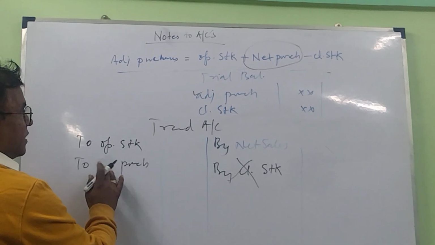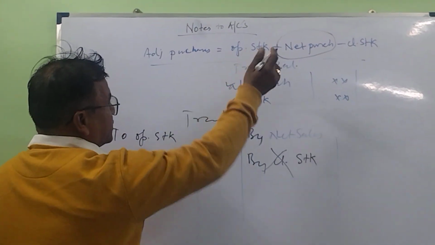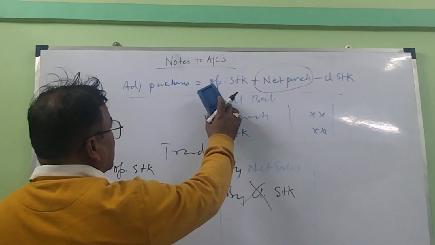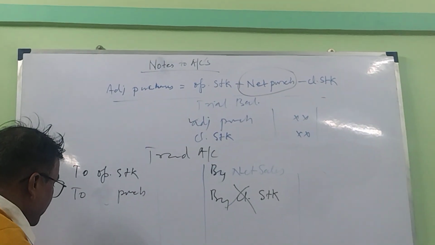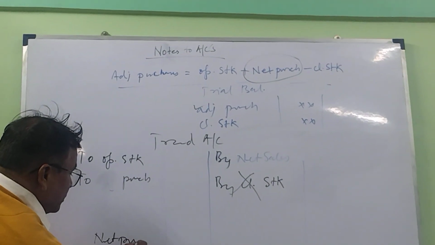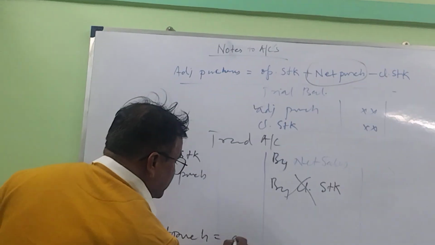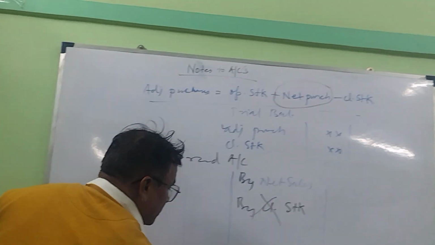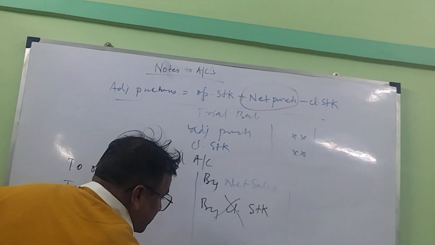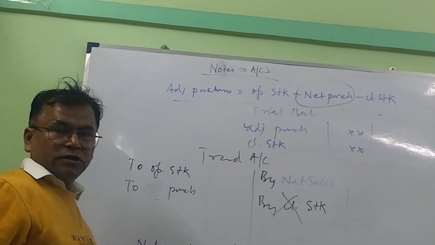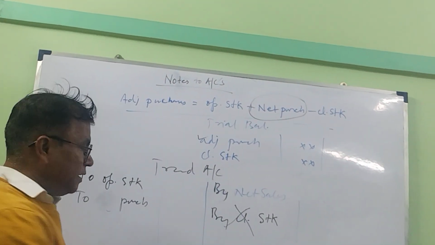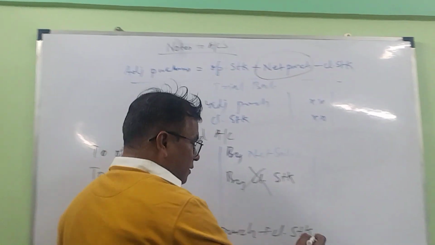Okay, so convert this, check the formula. Suppose you want to convert, so what will you write? Net purchases will be equal to adjusted purchases plus closing stock. Now if the opening stock is included here and not given separately, that also we will have to deduct.